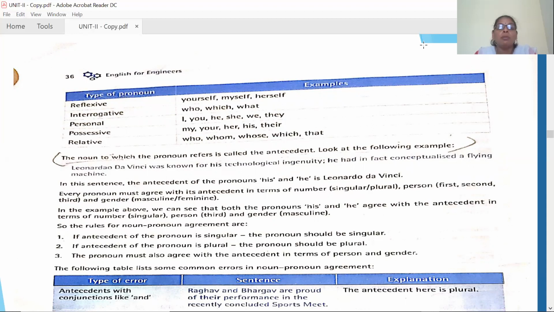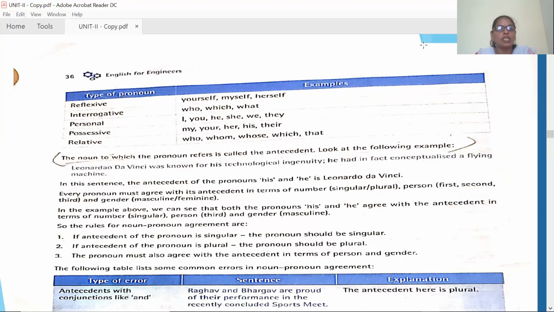Interrogative pronouns are used when you are questioning someone: who, what, which, where. These are called interrogative pronouns. Personal pronouns like I, you, he, she, we, they. Possessive pronouns, talking about possession: my, your, her, his, their.